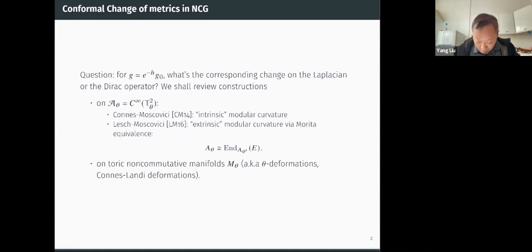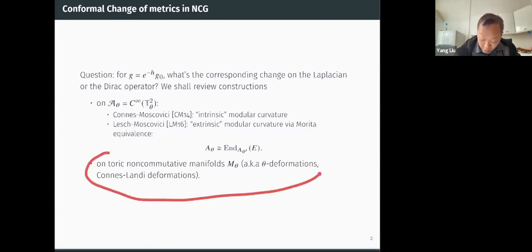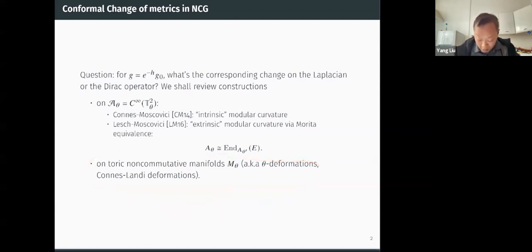Probably I don't have time to touch the last part. My first work in this project was to construct a pseudo differential calculus similar to Connes on noncommutative tori, so that we can study the spectral geometry on this theta. Since the theme of the talks is a kind of review talk, if I don't have time to touch my own work here, I think it should be fine.